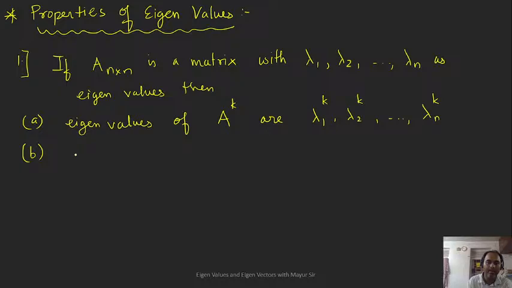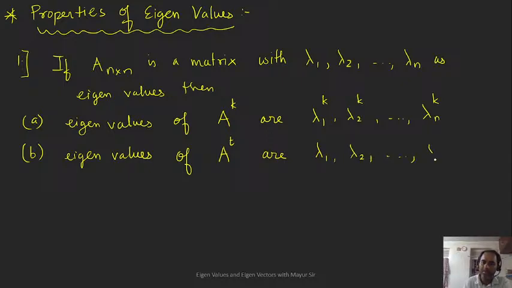B, then eigenvalues of A transpose are lambda 1, lambda 2, lambda n. No change for transpose.